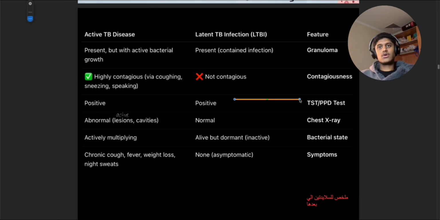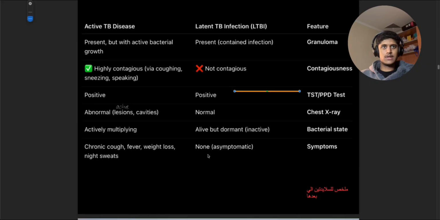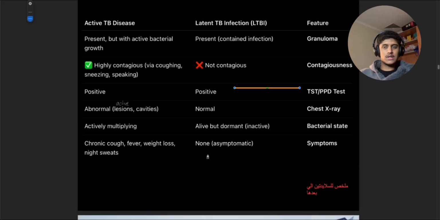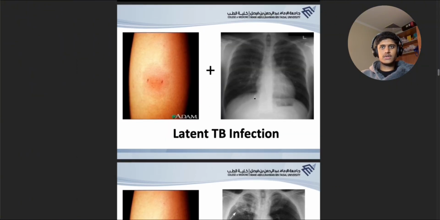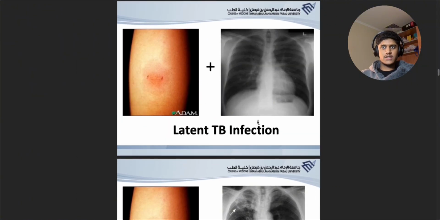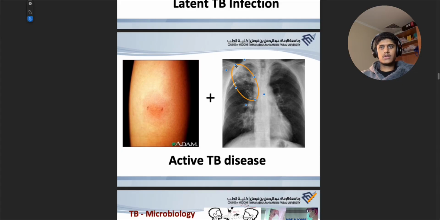You can see that the TST and PPD tests are positive in both active and latent TB. However, latent TB is not contagious, as it is alive but dormant, inactive, and it causes no symptoms.